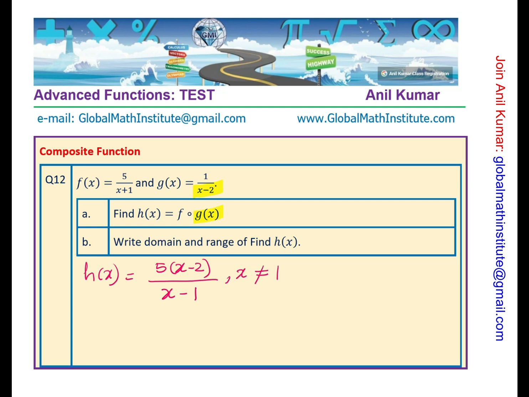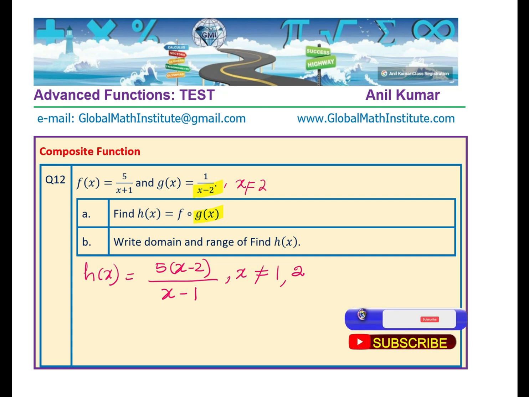So the second restriction will also apply. So x cannot be equal to 1 and x cannot be equal to 2 also, right? Because if you're talking about f of g of x, substituting 2, you'll not be able to find a value for g of x. So here we do have a restriction that it's not equal to 2. So that is important to understand.